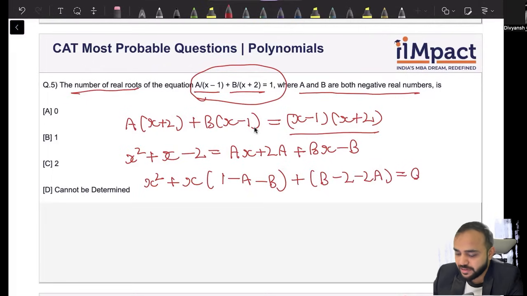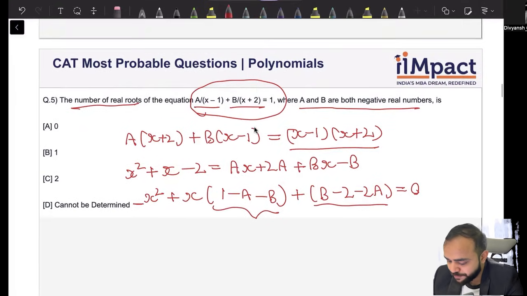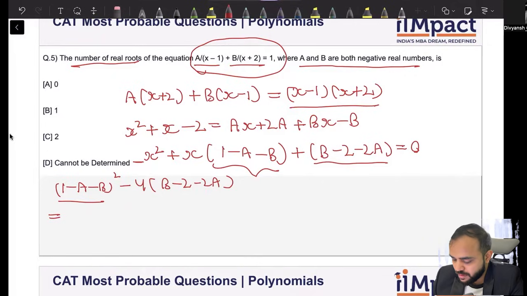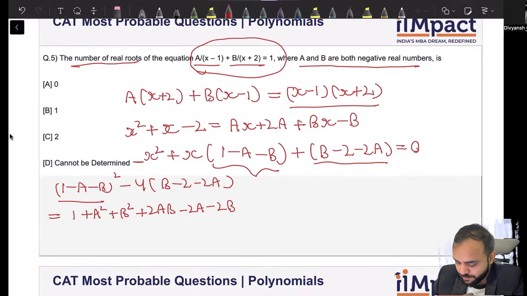Now I can find the discriminant, which will be this square minus 4 into 1 into this. So that becomes (1 minus a minus b) whole square minus 4 times (b minus 2 minus 2a). Now when I open this, I will use the a plus b plus c whole square property. This will become 1 plus a square plus b square plus 2ab minus 2a minus 2b minus, now I will open this term, 4b plus 8, plus 8a.